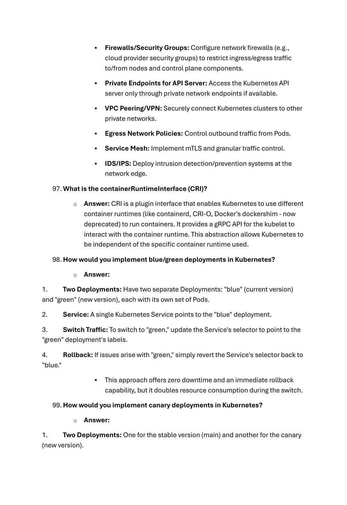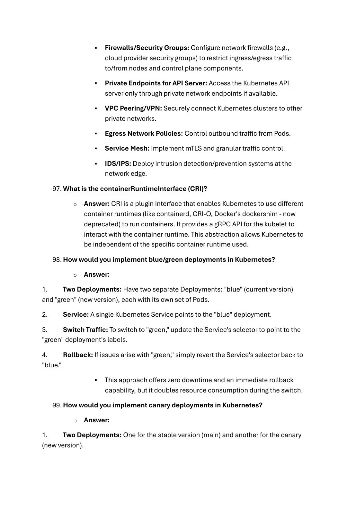VPC peering. Connect Kubernetes clusters to other private networks. Egress network policies. Control outbound traffic from pods. Service mesh. Implement mTLS and granular traffic control. IDS/IPS. Deploy intrusion detection and prevention systems at the network edge.